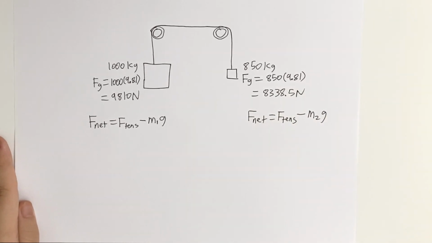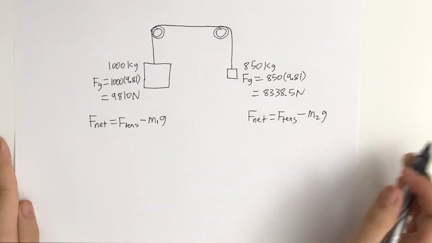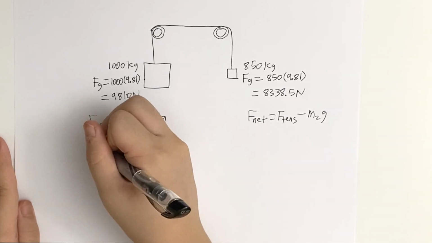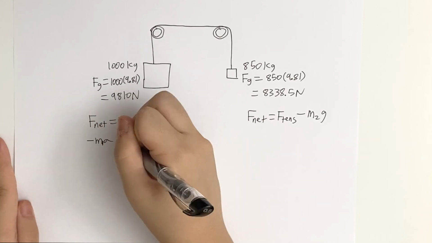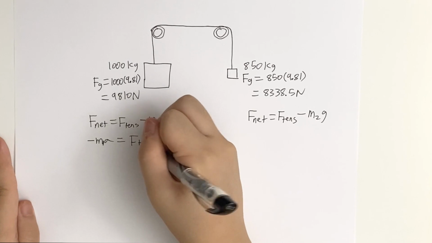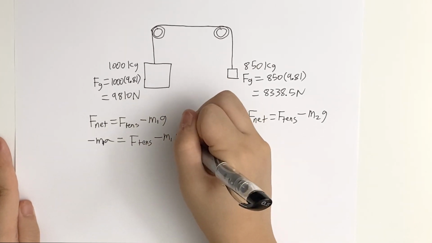Thanks to Newton's second law, we know that the F net is equal to ma. So we can substitute ma for both of these F nets. So we get two equations. The first will be negative m1a is equal to F tens minus m1g.